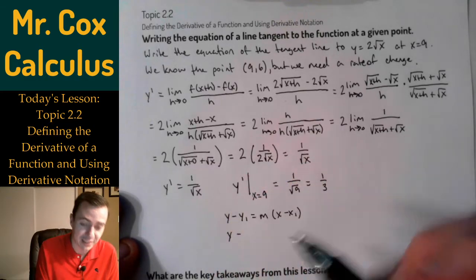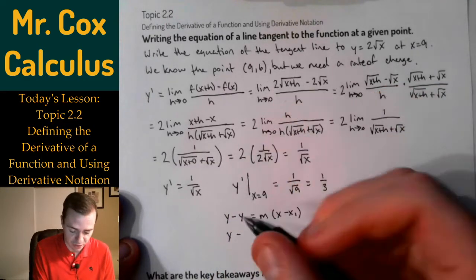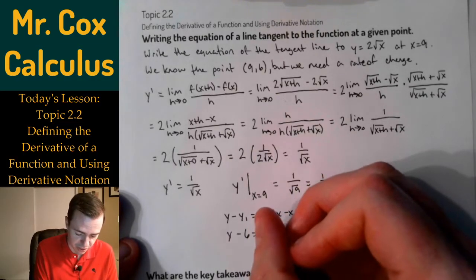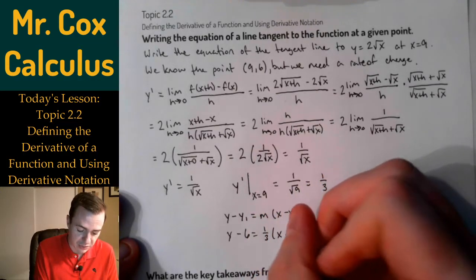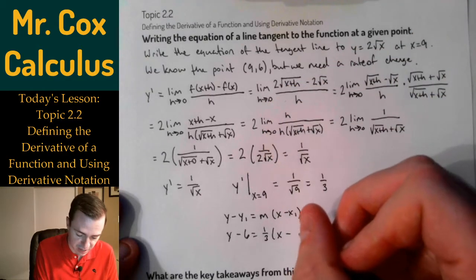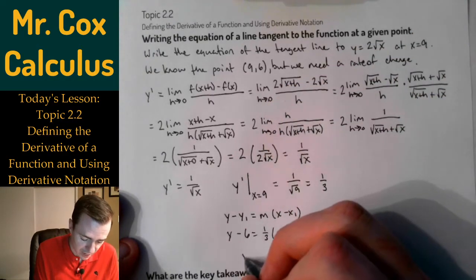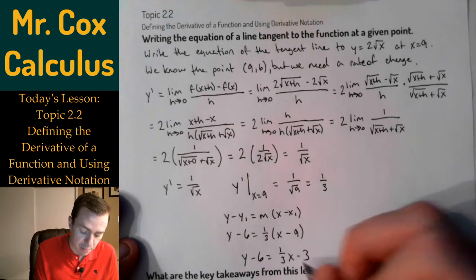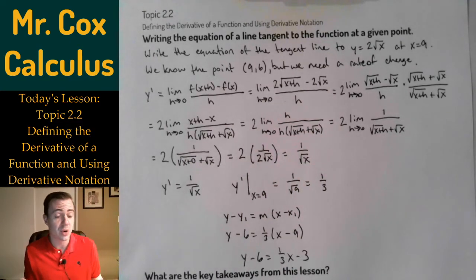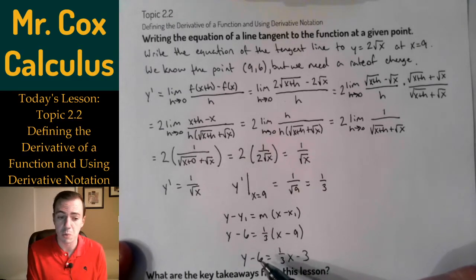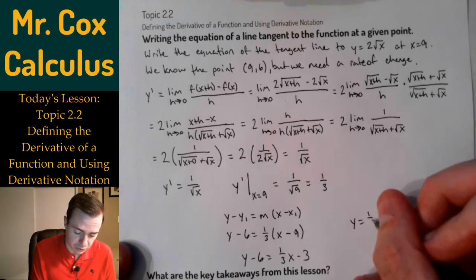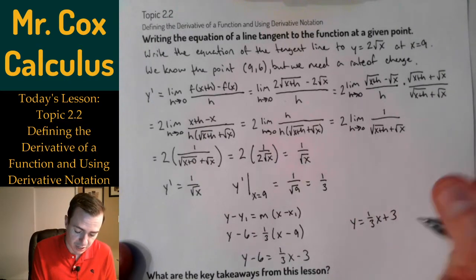So y minus, let's see, my y value for the point was 6, equals the rate of change, 1/3, times x minus the x value, which is 9. And I get y minus 6 equals 1/3 x minus 3. You do want to make sure whenever you're asked to find the equation of a tangent line that you do give it in the form of y equals. So add the 6 over, and you get y equals 1/3 x plus 3.